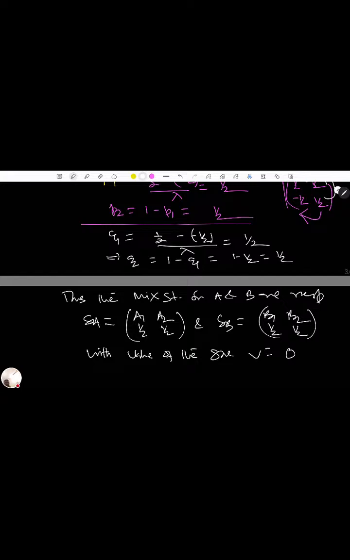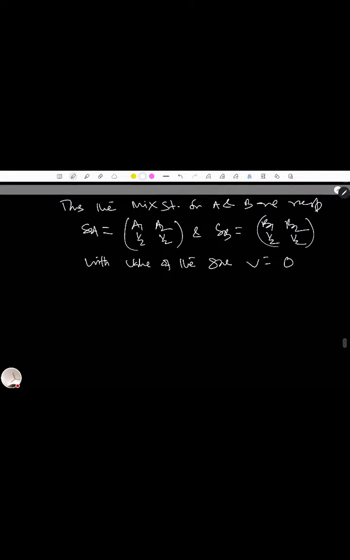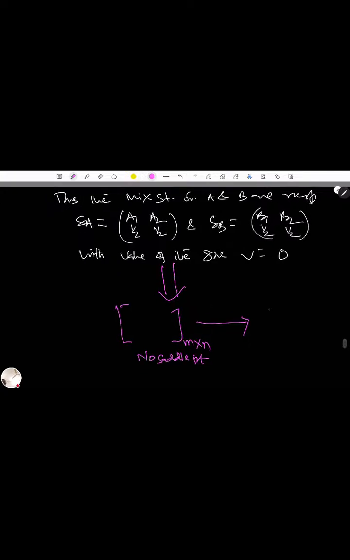Okay. So now the thing is that, suppose you are given a higher order matrix, M cross N matrix. Then what to do? Suppose there is no saddle point here. Then we want to reduce it to a 2 cross 2 matrix.